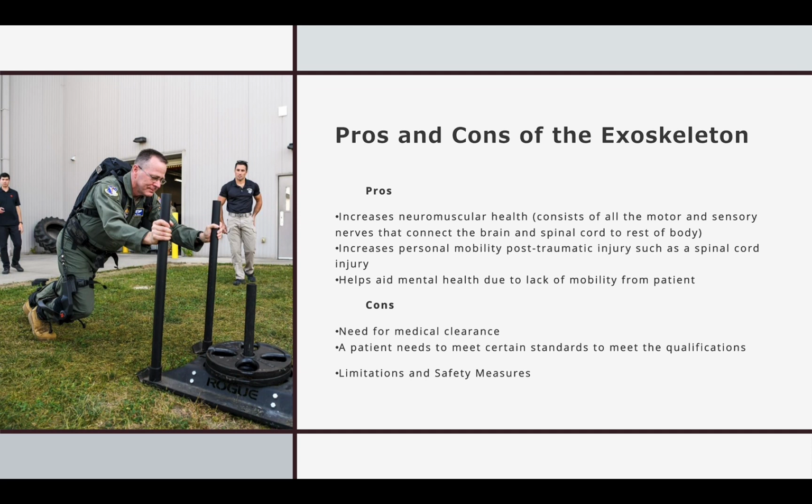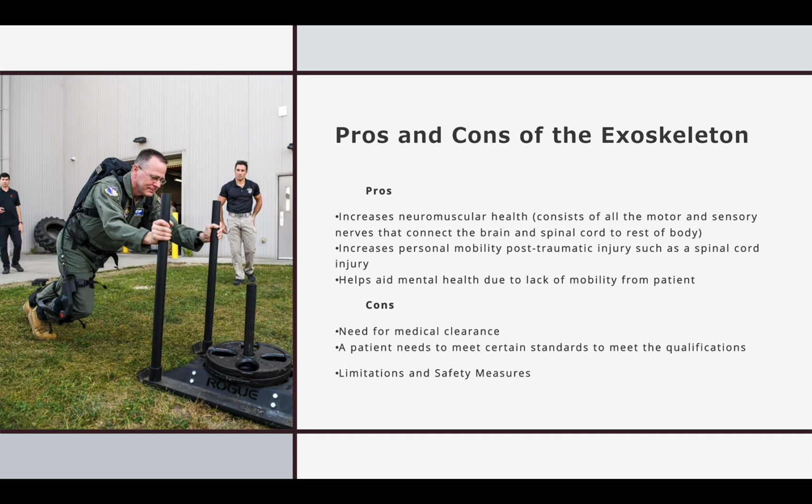With every invention, there are some pros and cons that can come about when creating something, when testing something out. Exoskeleton is still pretty new to the world, and there are a lot of different prototypes that people are coming up with. And as people are using it and practicing using it, there have been some pros and cons that have come about, and most of them have something in common.